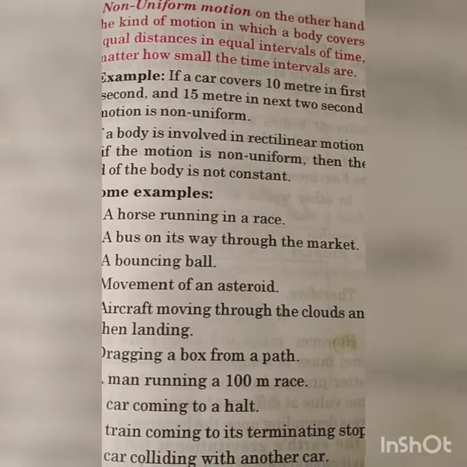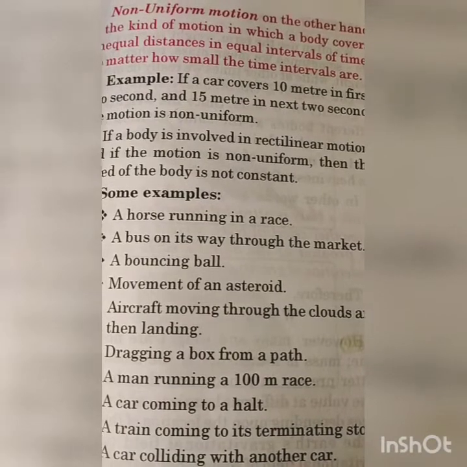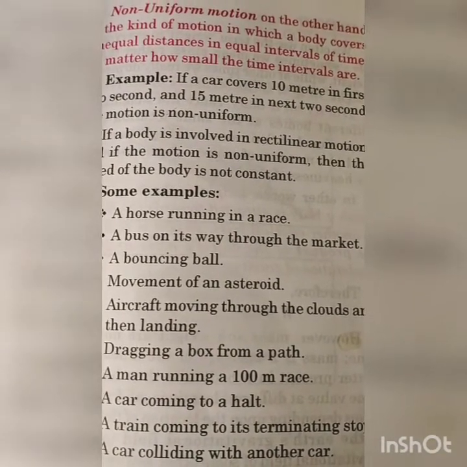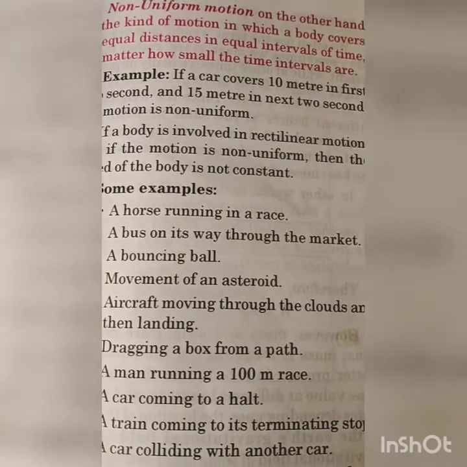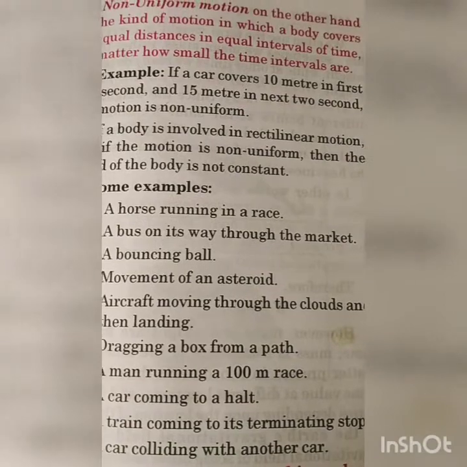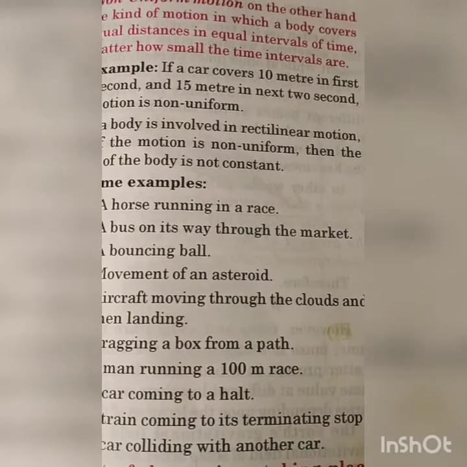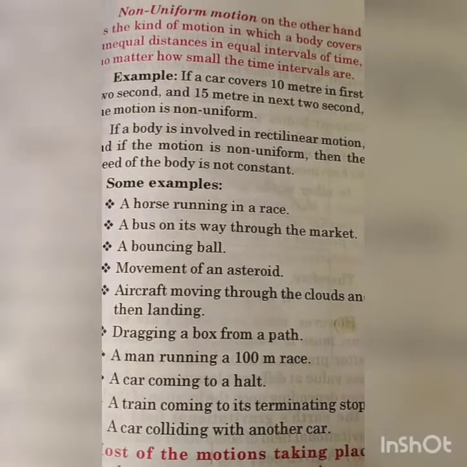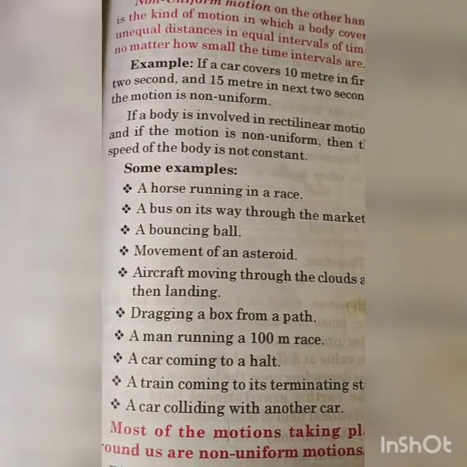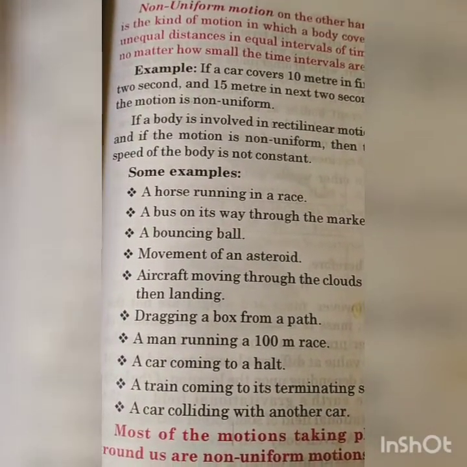Suppose a vehicle is moving on a straight road and it covers 60 kilometers in the first hour and 40 kilometers in the second hour, so that is non-uniform because distances are different for the same period of time. There are some more examples here.